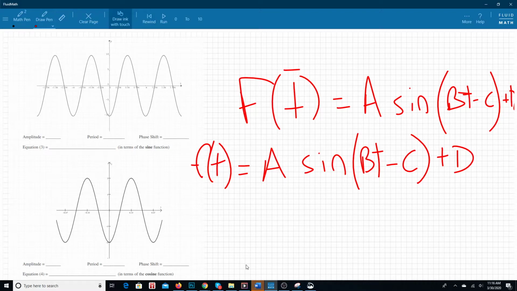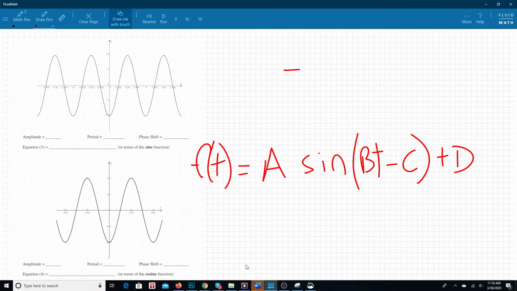So with that general formula in mind, let me erase this top one right here to make some space. We want to find a formula for this one, the third one. What's the amplitude? Can anybody tell me? Remember, the amplitude goes from the x-axis to the peak, or the x-axis to the valley.